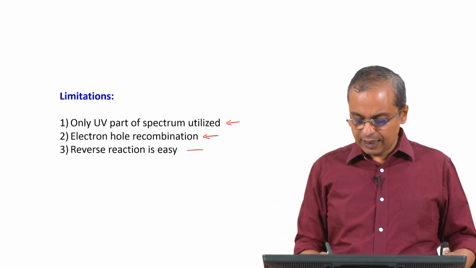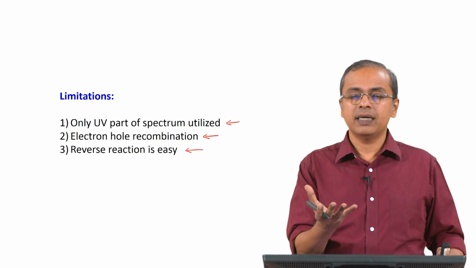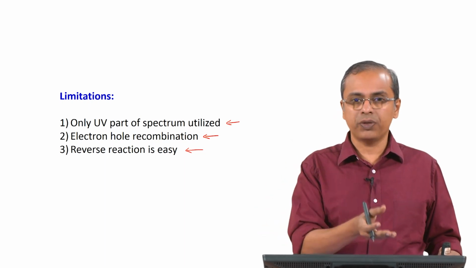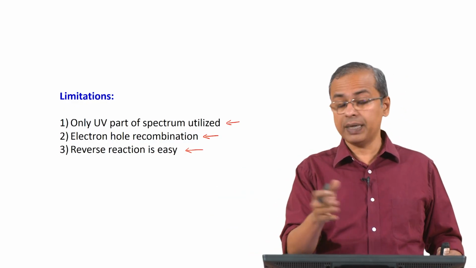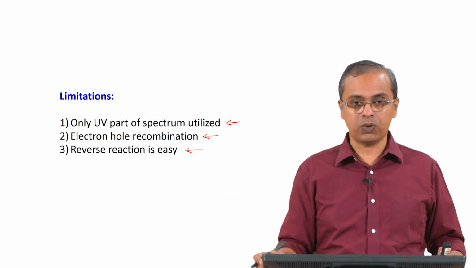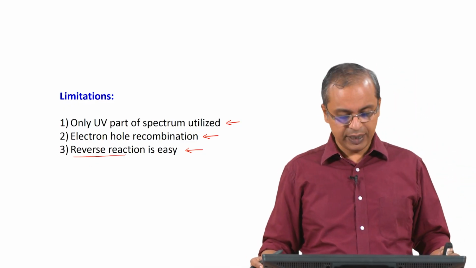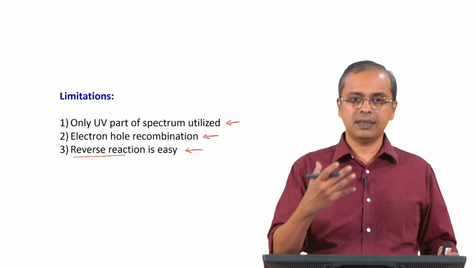And also, given that hydrogen and oxygen are getting generated in the same chamber essentially, you have a great possibility that after doing all this, you are still not able to use the hydrogen, because before you use the hydrogen, it has already reacted back with oxygen and generated back water. So, that is the reverse reaction. So, you have three challenges there.